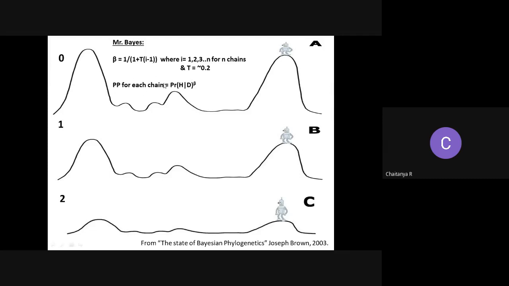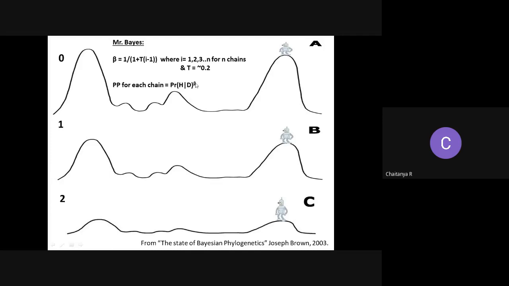For each chain A, B, and C, we apply what is called a temperature. This temperature is applied on the entire probability space, and it is represented by this parameter beta. Basically you take your entire probability space and raise it to the power of beta.